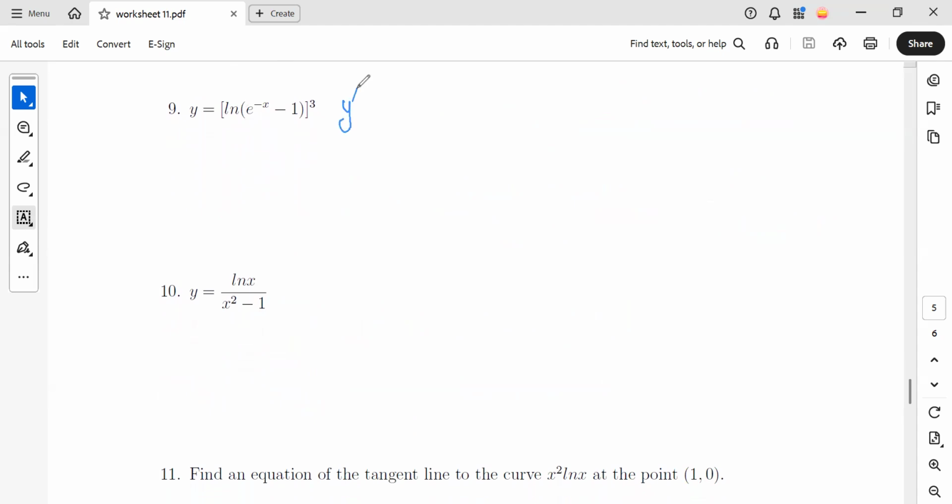So using the power function, it will be the power, the function, ln of e to negative x minus 1, the power 1 less, which is 2, times the derivative of the function or the inside, which is ln of e to the negative x, minus 1.